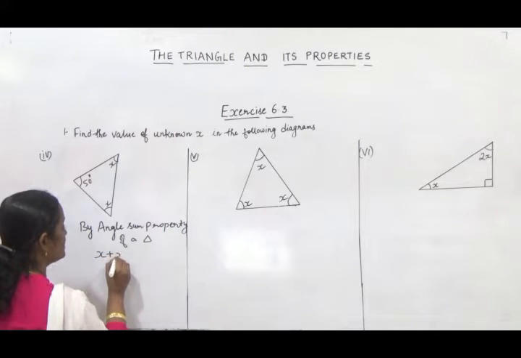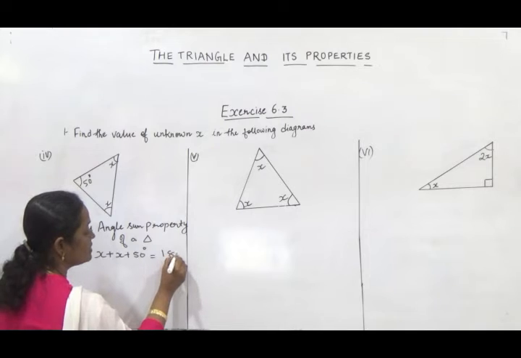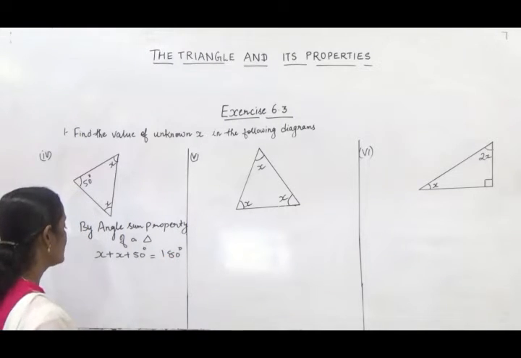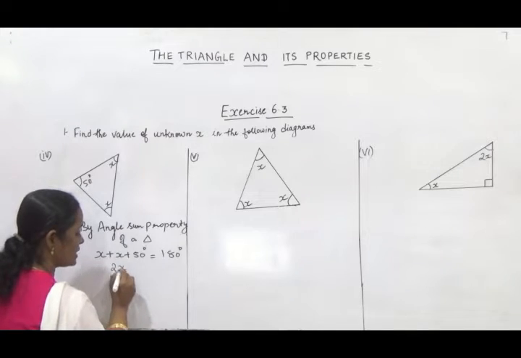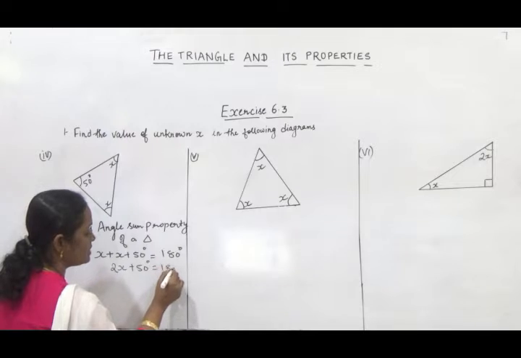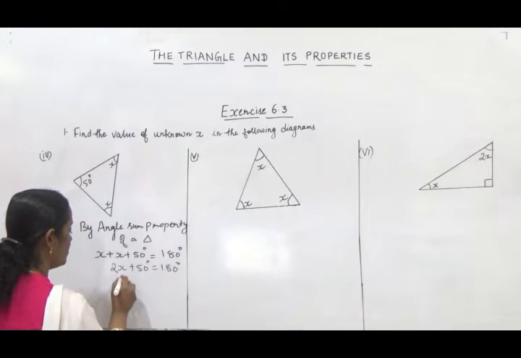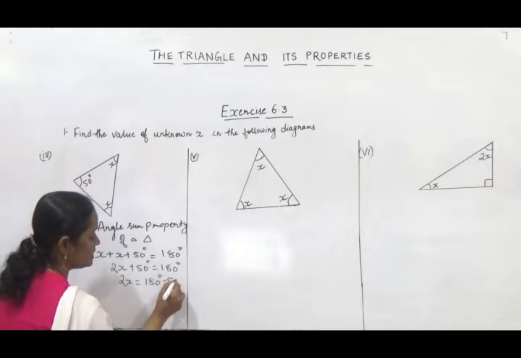That is x plus x plus 50 degree is equal to 180 degree. So here x plus x is 2x plus 50 degree is equal to 180 degree, or 2x is equal to 180 minus 50.